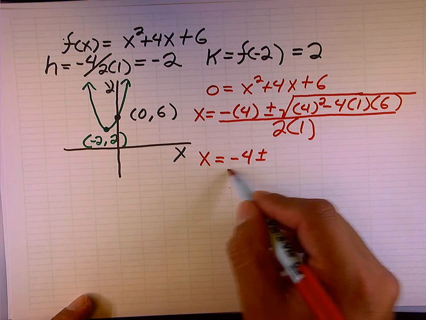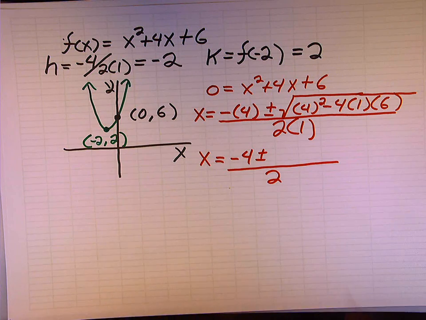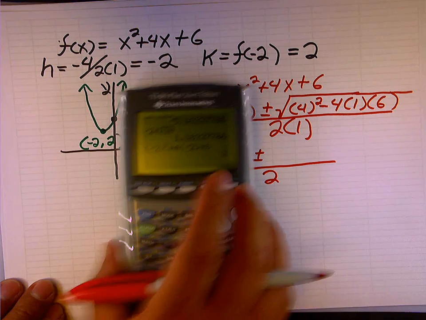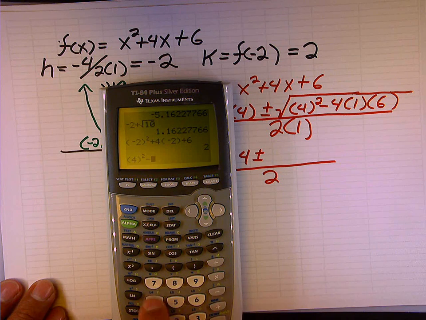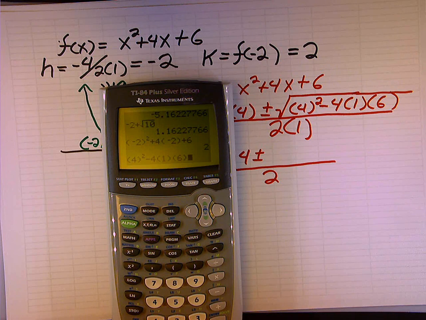Negative 4 plus or minus something under that radical over 2. What is in that radical? Let's find out. I'm just going to use my calculator, and I'm going to write it in my calculator exactly as it looks. That is the number under the radical called the discriminant.